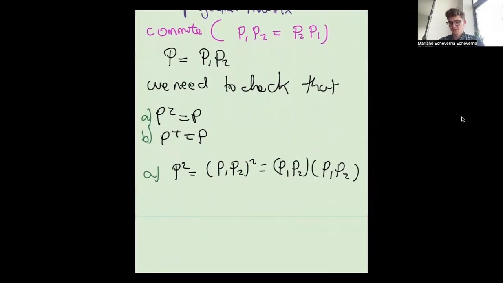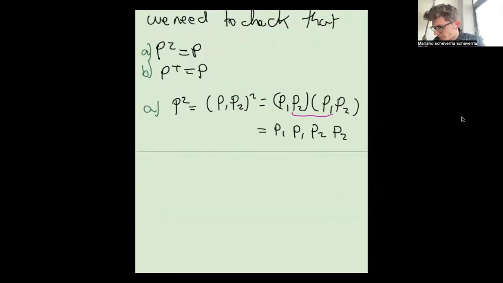Use the fact that the matrices commute, so the two in the middle can be swapped. So you get P1 P1 P2 P2, which is P1 squared P2 squared.